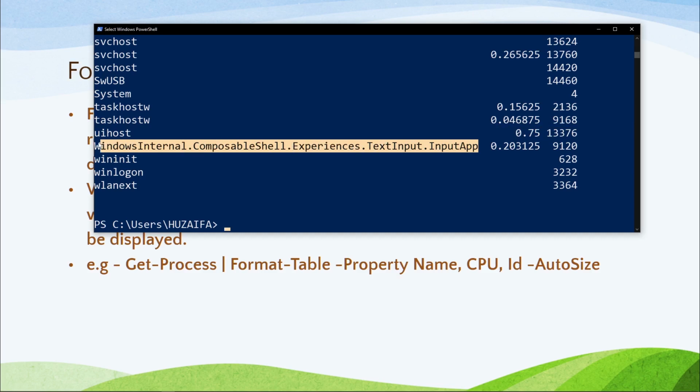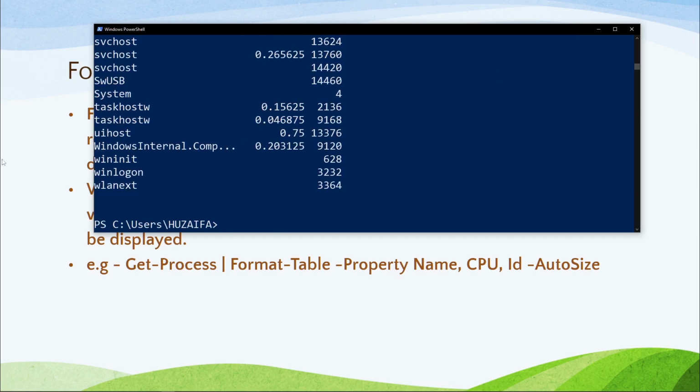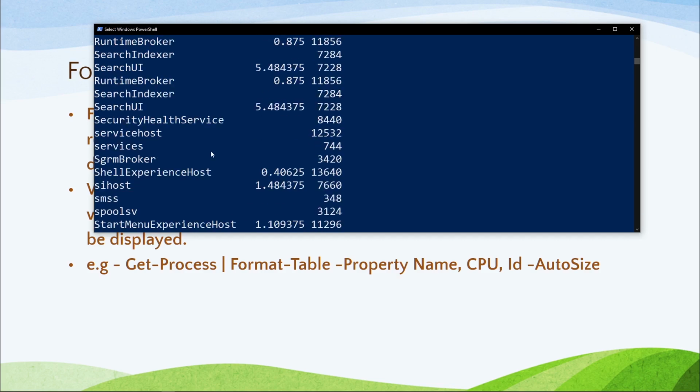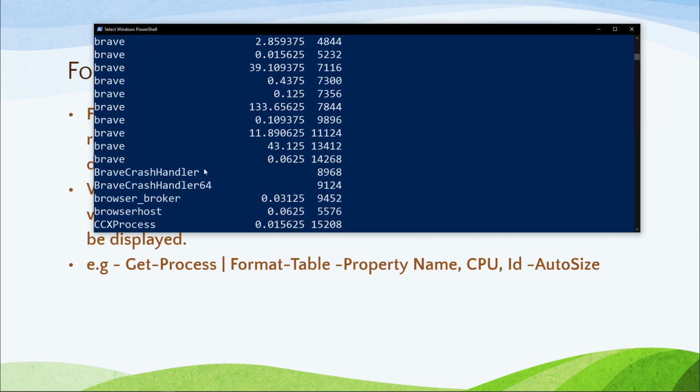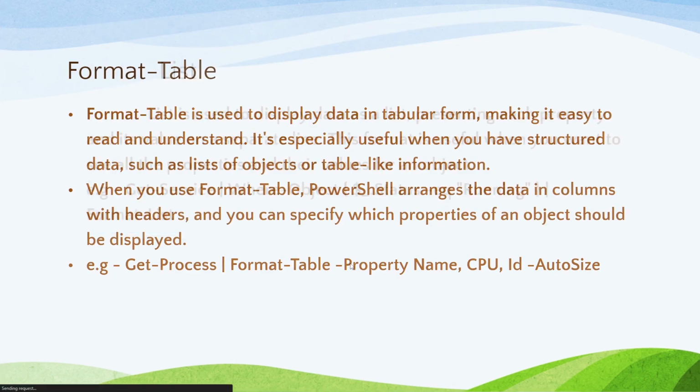This name is 50 characters long, so it takes 50 characters of space. If I don't give AutoSize and I hit enter, see this, it does not take the full size, it takes a little size. See this one all. So that's why we give AutoSize.